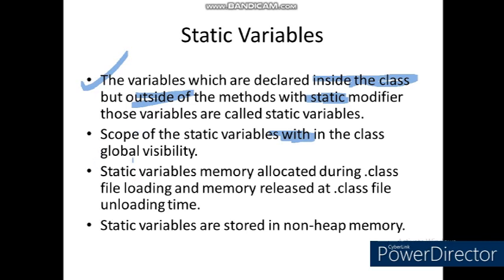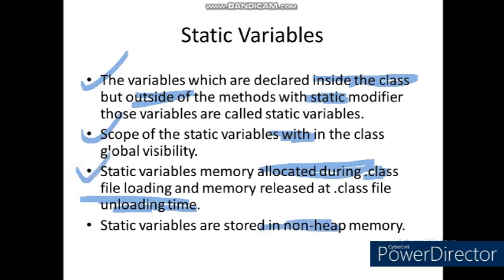Okay, so for static variables, memory is allocated when the dot class file is loaded into memory and released when the dot class file is unloaded. And the static variables are stored in the non-heap area of the memory.